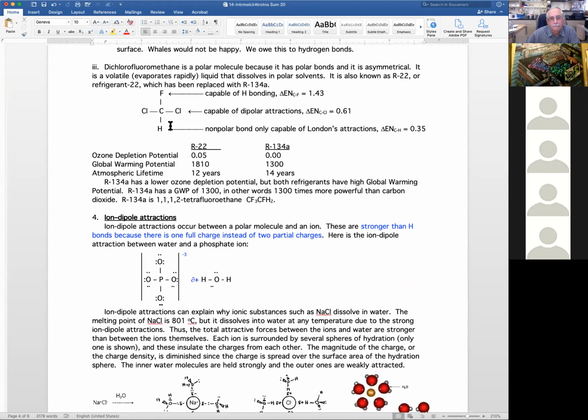So let's look at it. This bond right here is only 0.35 electronegativity difference. It can only do London's attractions. This one right here can do dipolar attractions. This one right here is capable of hydrogen bonding.